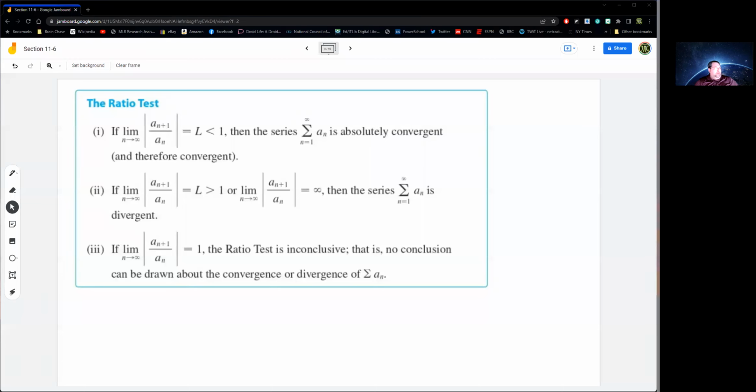So the nth term and the (n plus 1)th term, and divide them, which is where the ratio comes in, and find the limit as that goes to infinity. If the limit is less than 1, then the series is absolutely convergent. If that limit is greater than 1, or it goes to infinity, it is divergent. And if it equals 1, this test doesn't help me and I have to do something else.